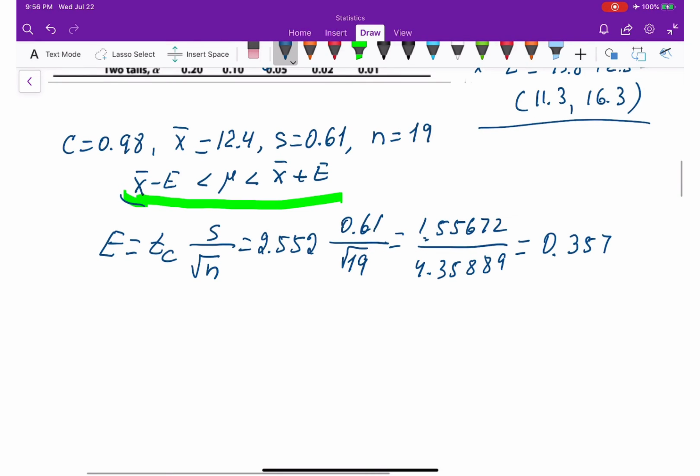So from here, X bar minus error is equal 12.4 minus 0.4, and that is equal 12.